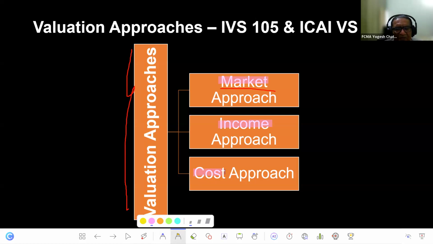Whether we do a valuation in India, or in USA, any European country, any Asian country, any African country, ultimately the valuation will be done through three approaches: market, income, and cost approach, globally recognized. And these are applicable to all types of valuation assignments. Whether we do a valuation of land and building, plant and machinery, SFA, again that will be done with three approaches.